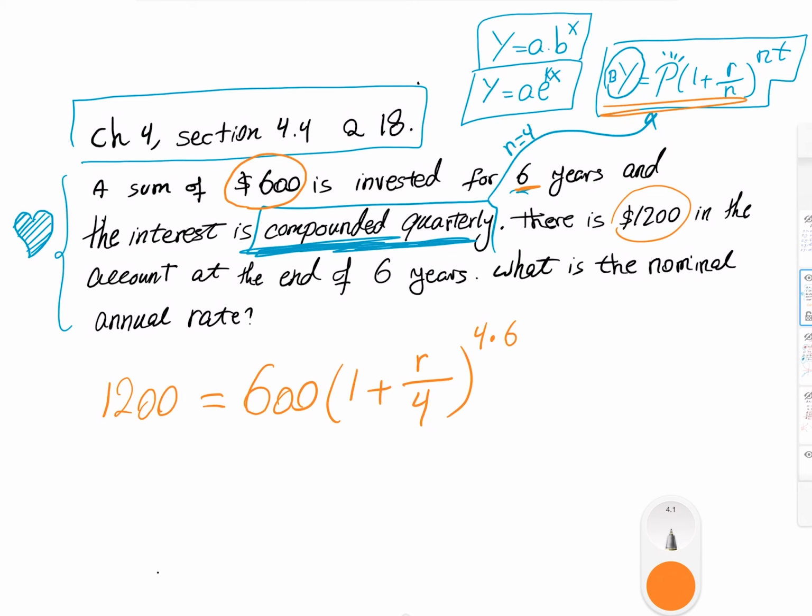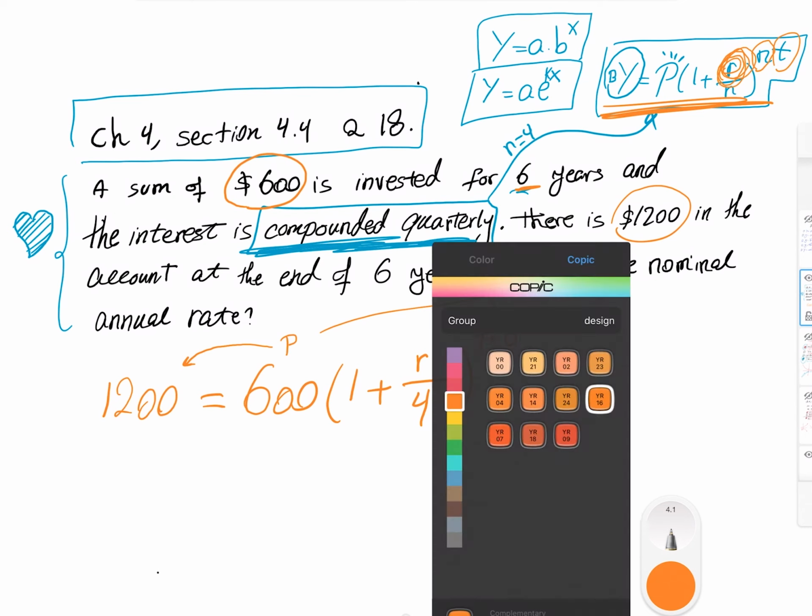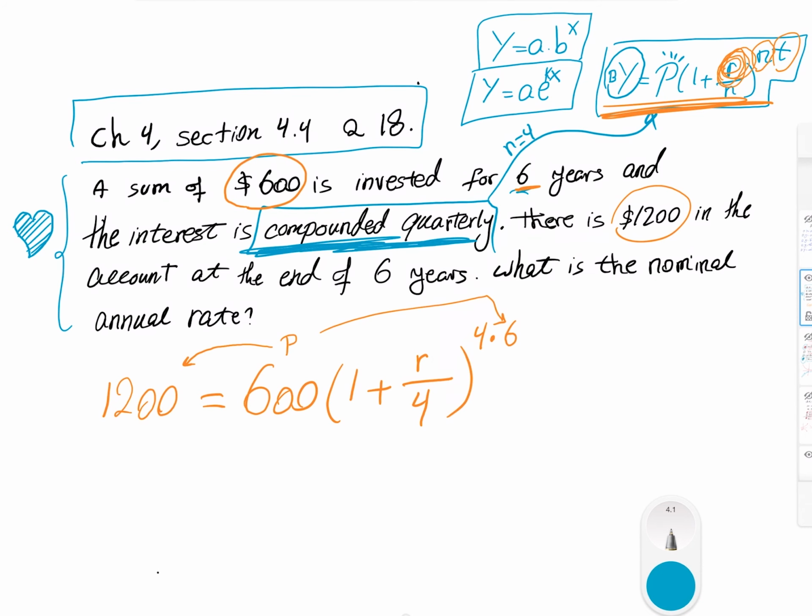Exactly this formula. N times per year, this is quarterly, that means n equal to 4, t is 6. We are looking for r, the annual rate. So the initial value P becomes 1,200 after 6 years. We have enough information to solve for r.